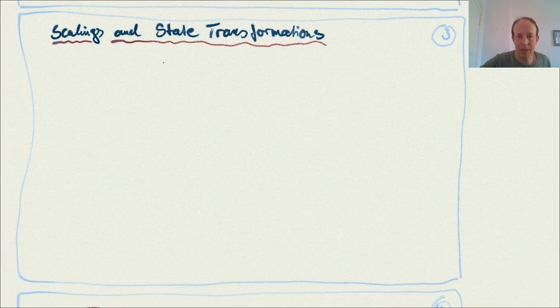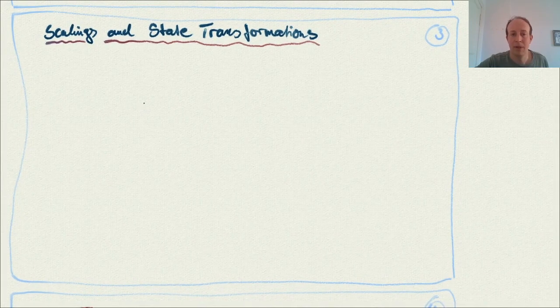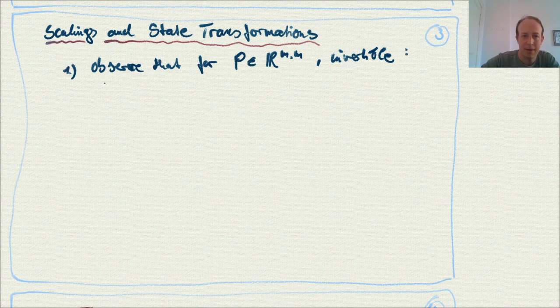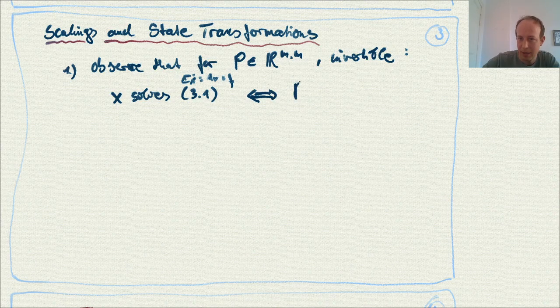And we will see f will then depend on how E and A look like. And in order to talk about existence of solutions to that problem, we first start with some very basic observations. Observe that for P in R to the m times m, so matrix P that is invertible, it has that x solves, x is a solution to 3.1, so to this E x dot is A x plus f, if and only if, so if it's a solution, then of course one can just multiply with P from that side.